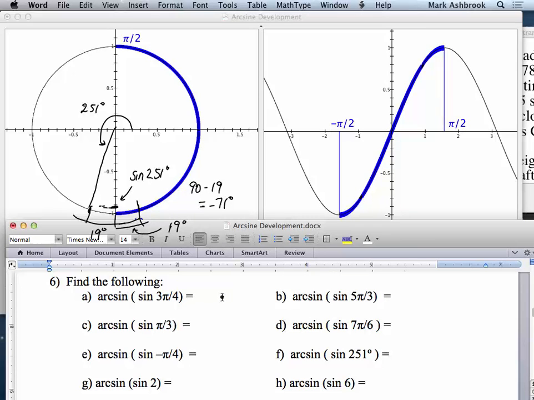Anybody think of it a different way? Everyone did the same thing? I first took it from 180 and did 251 minus 180. Yeah, this is actually more direct, well, I guess it's about the same. So you look at this angle, which was 71, which would be 251 minus 180.